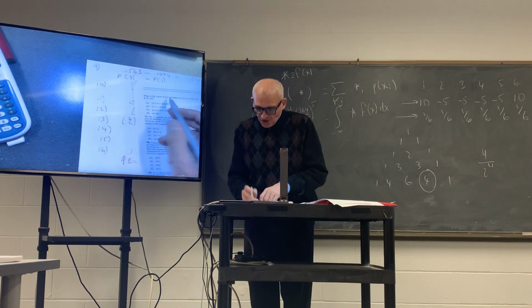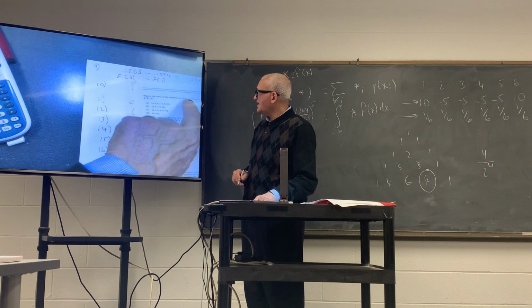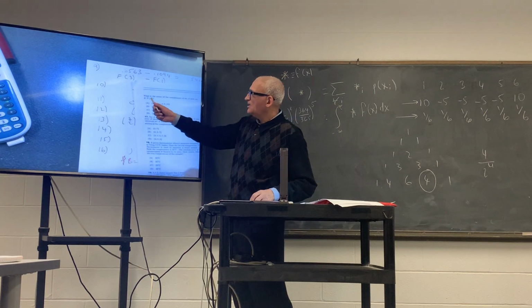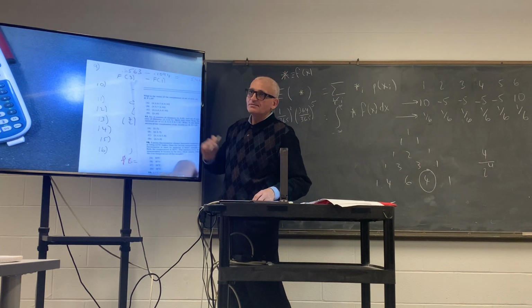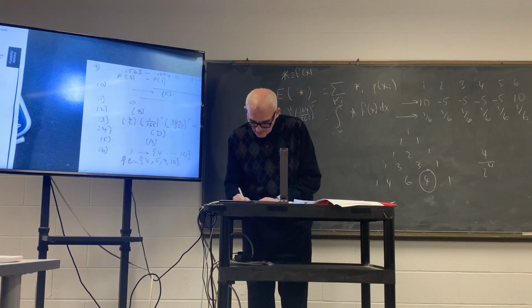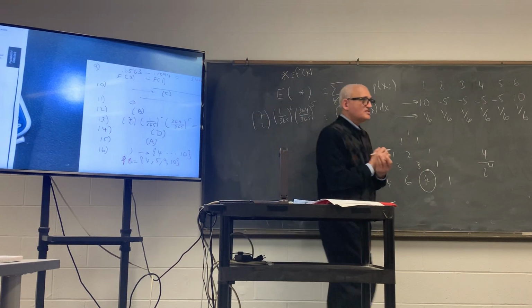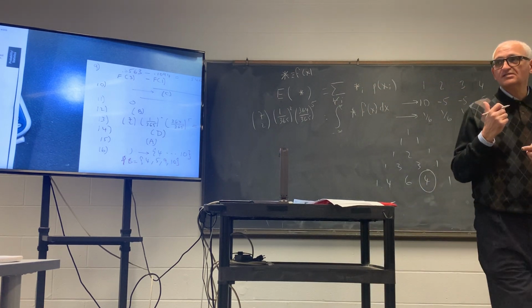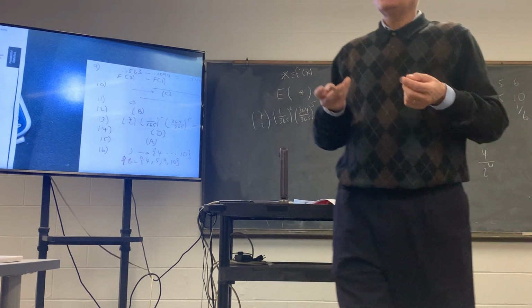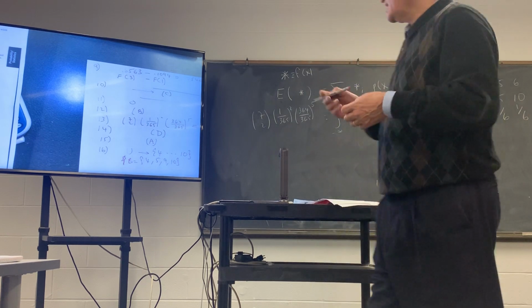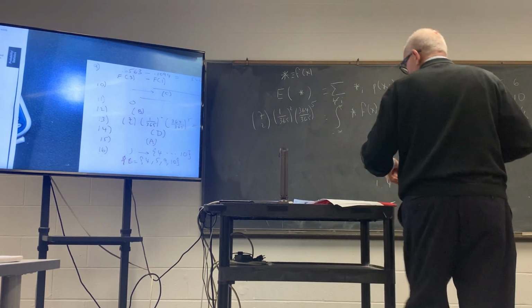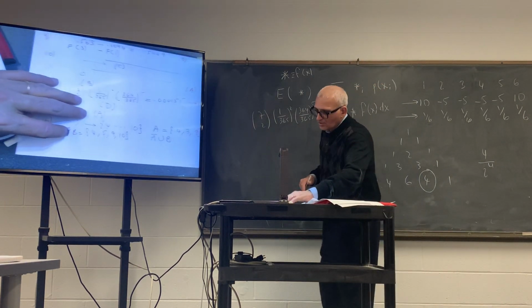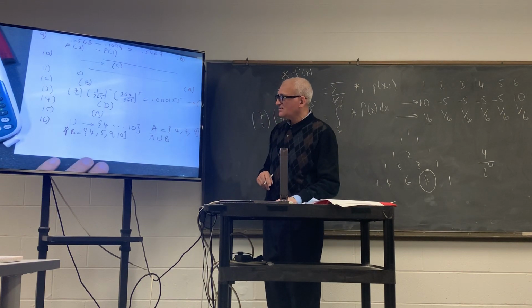What is the union of the complement of set A with set B? Meaning not A or B. Notice this or is the logical or. It's the inclusive or, meaning it's not in A or in B, or both are satisfied.